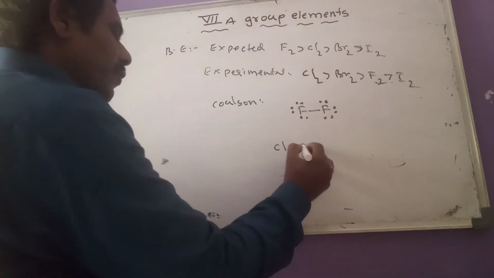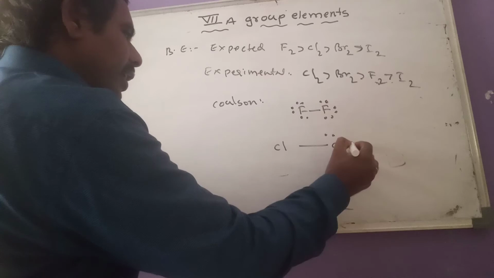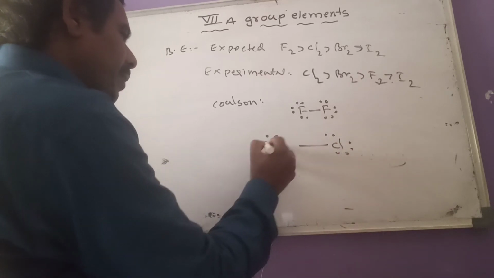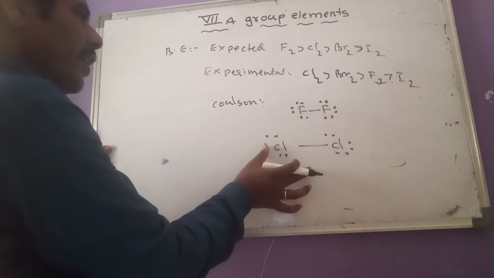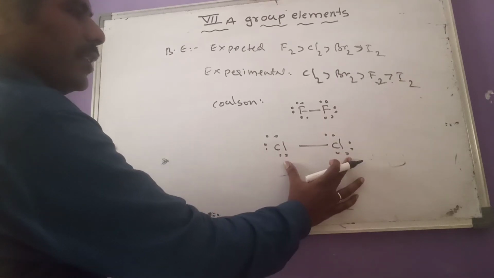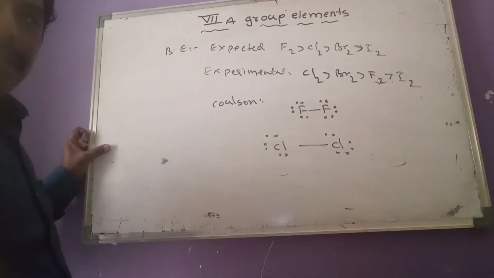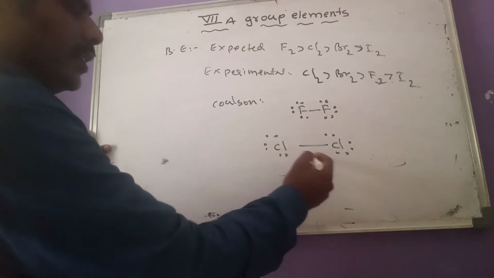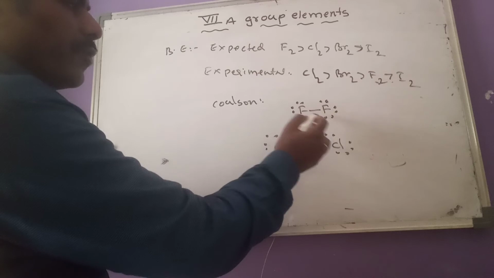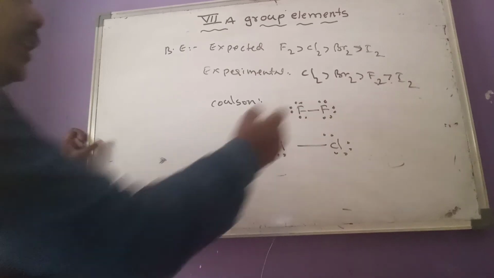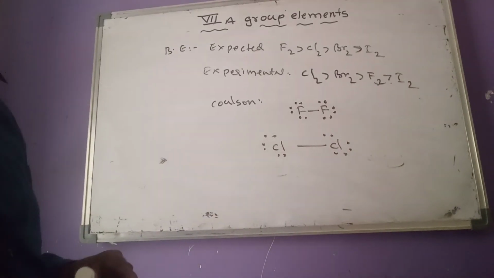In chlorine also, there are three lone pairs, but the lone pairs are at some distance from one another. In F2, the lone pairs are very close to one another.